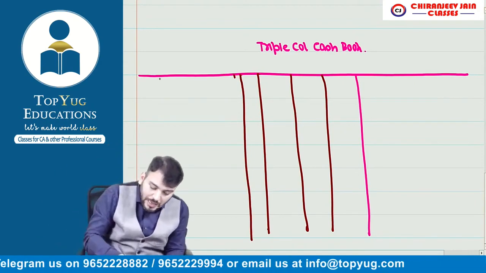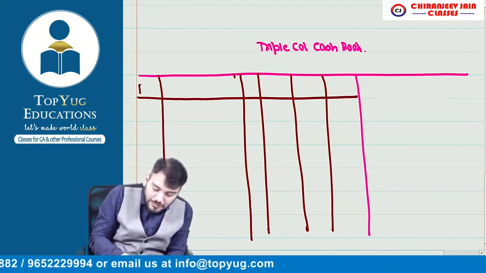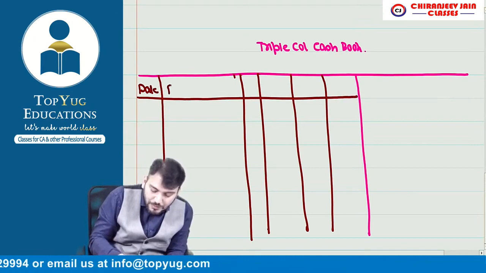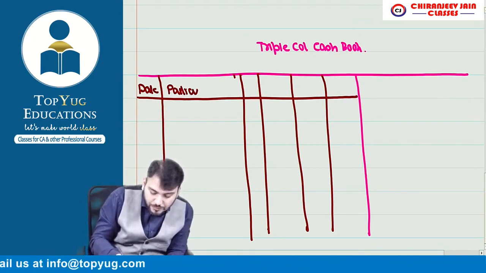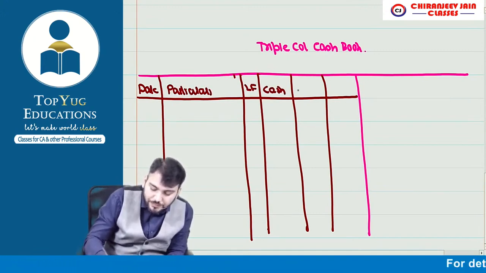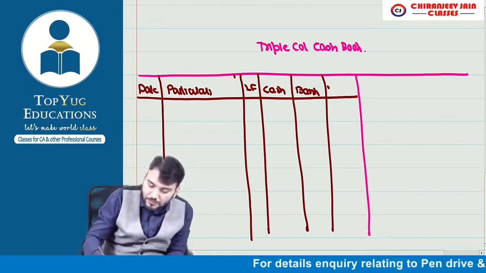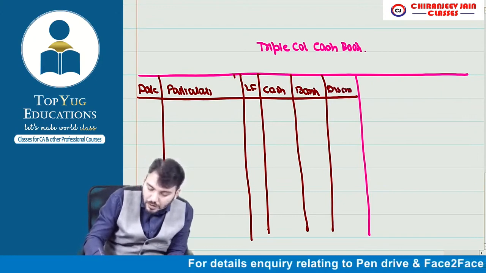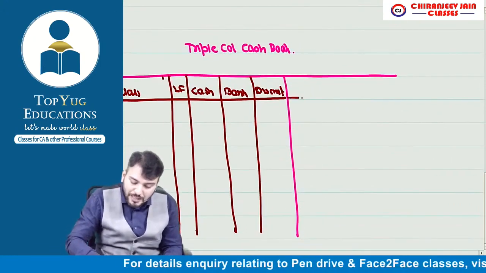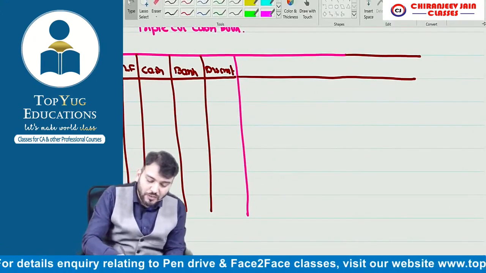And then the date and particulars column. This is date, this is particulars, this is ledger folio. This is cash, bank, and discount. Understood this point? Similarly, on the right hand side also, these columns will be there.